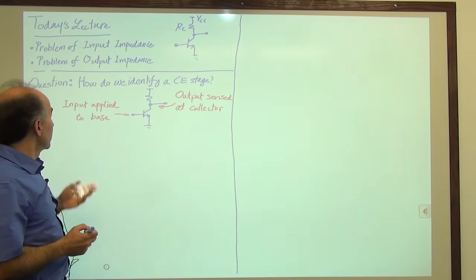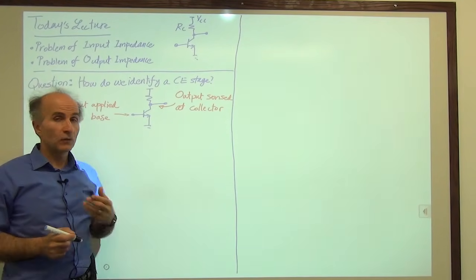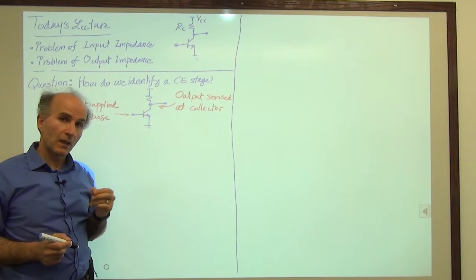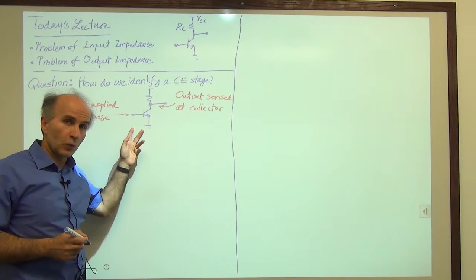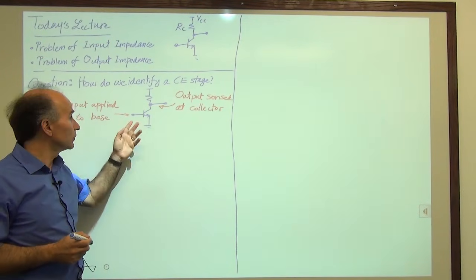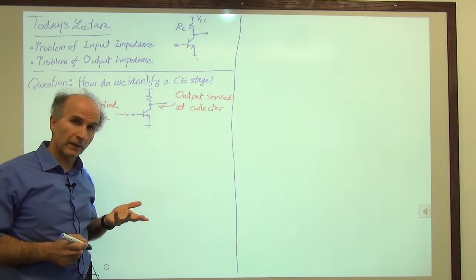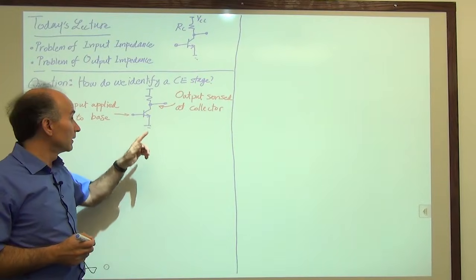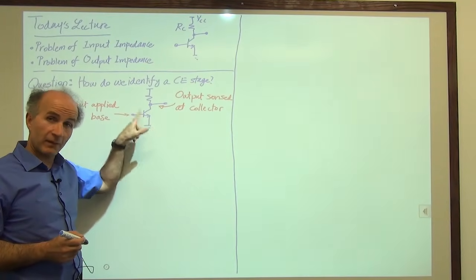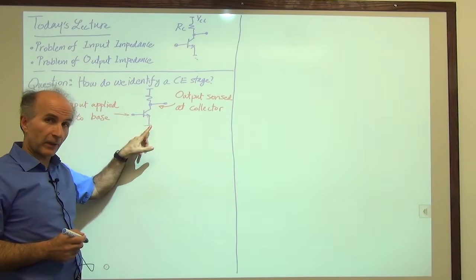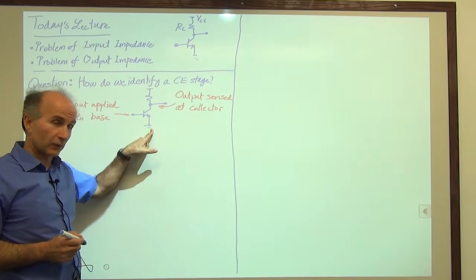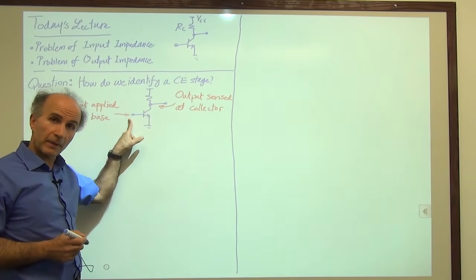Okay, so now, if I'm saying these things, you might ask, in the common emitter stage, we have applied the input to the base. Is it possible to apply the input to the emitter instead of the base? Is it possible to apply the input to the collector instead of the base?